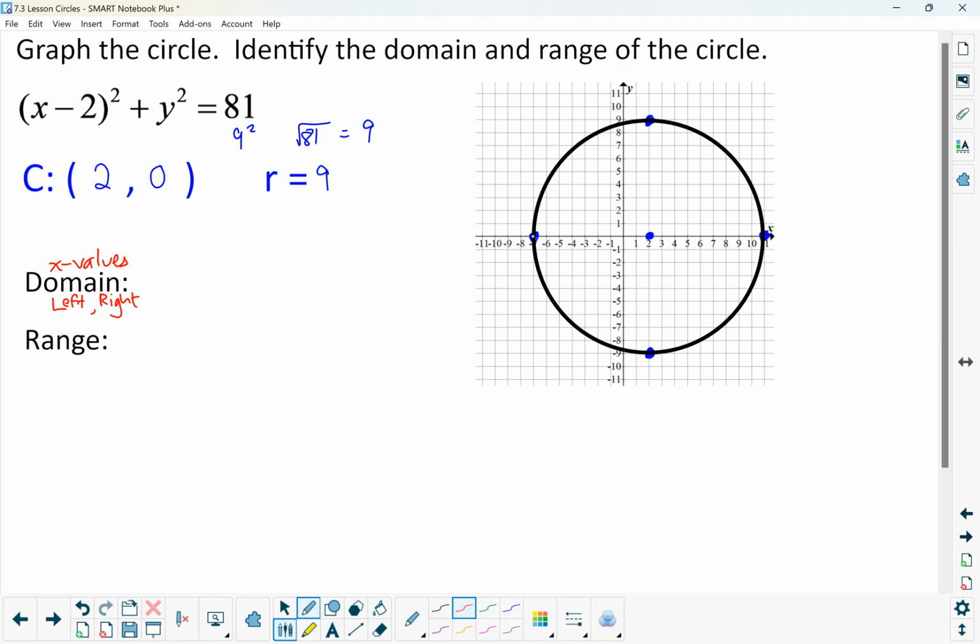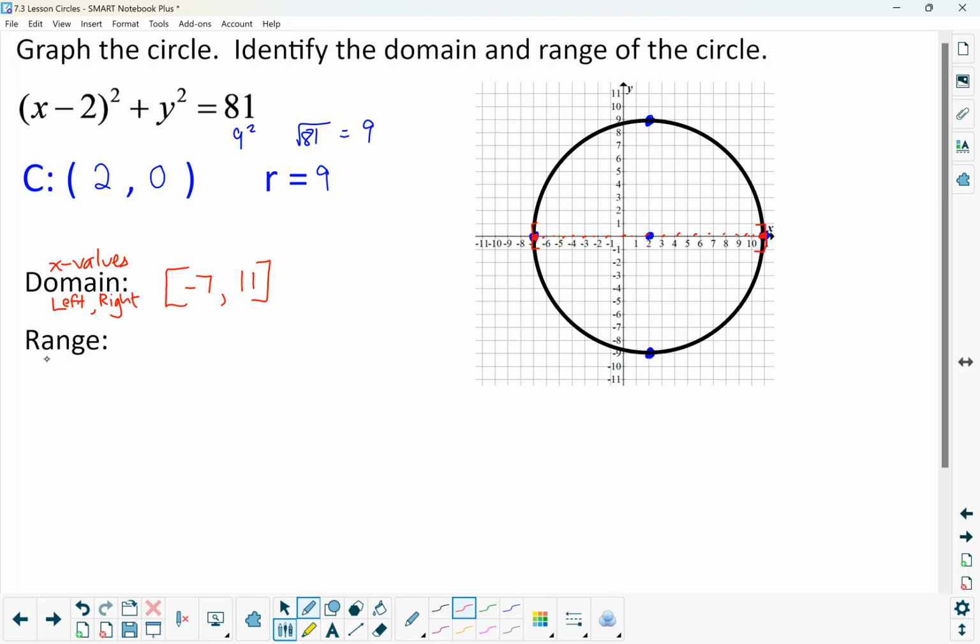The farthest to the left is right here at -7, and that's part of the circle. We literally marked that point. So it's going to be a bracket with a -7. And that circle covers the entire coordinate plane all the way over to right here at the 11. Again, we marked that as a point on the circle, so it is included. So our domain is from -7 to 11.